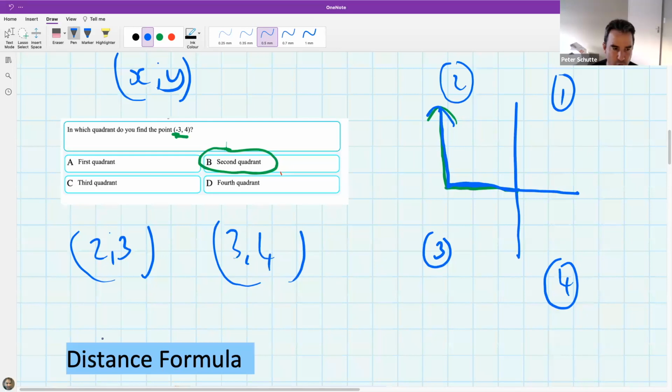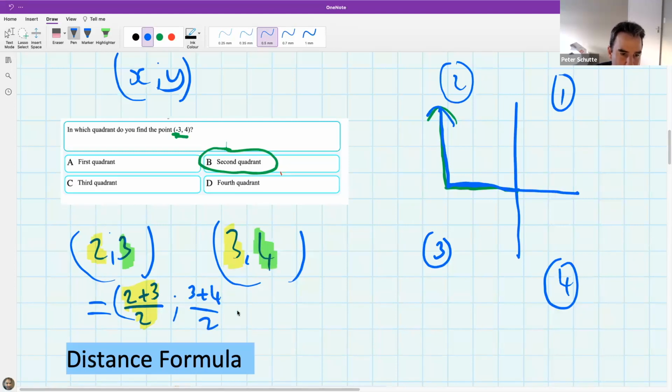All the midpoint formula says is you have to deal with the X coordinates first, so 2 plus 3, and then divide by 2 in order to get the X coordinate. Then you go 3 plus 4 divided by 2. So you have to make sure that the X's go with the X's.